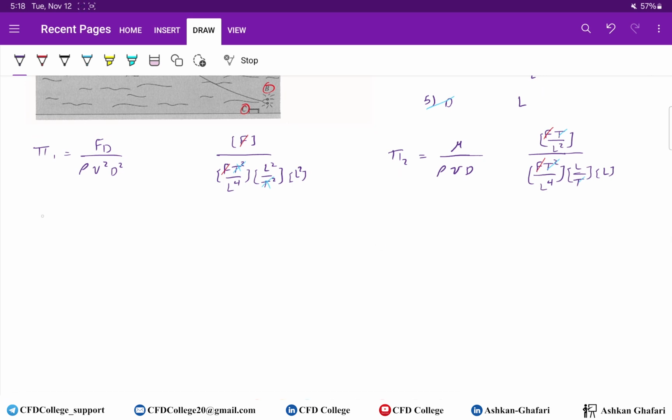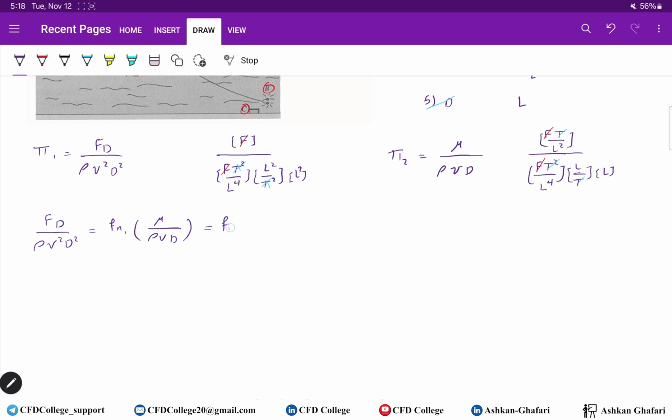As you know, this means that F over rho v square d square is a function of mu over rho v d. As you know, we can reverse the dimensionless groups.